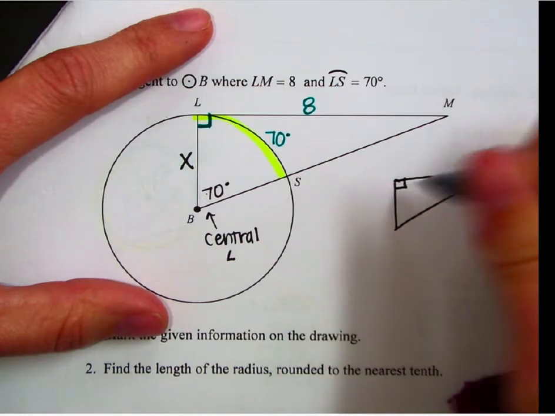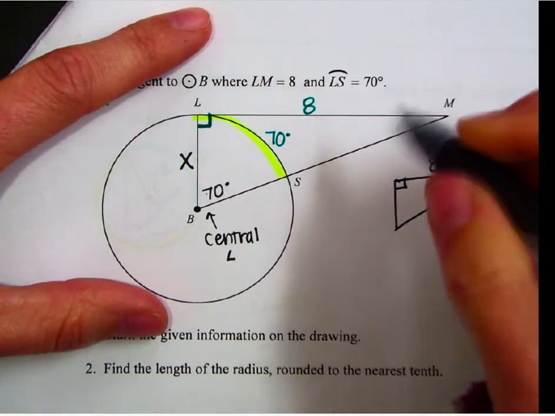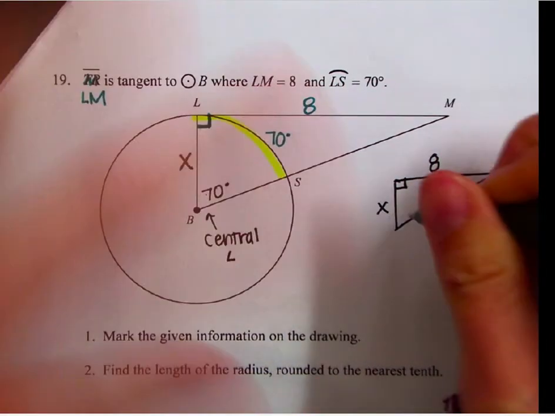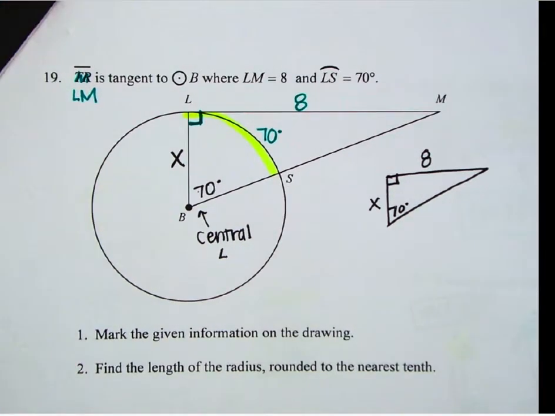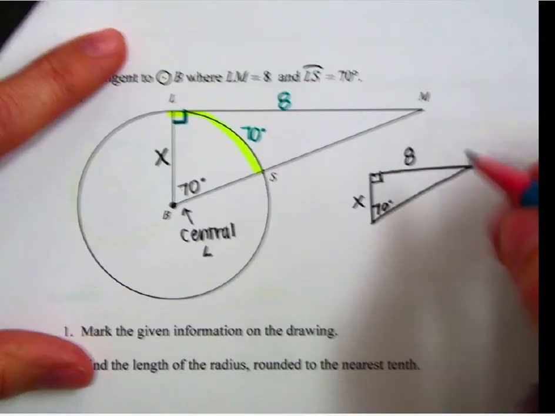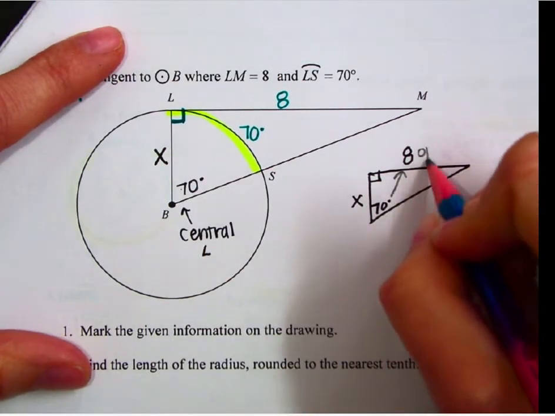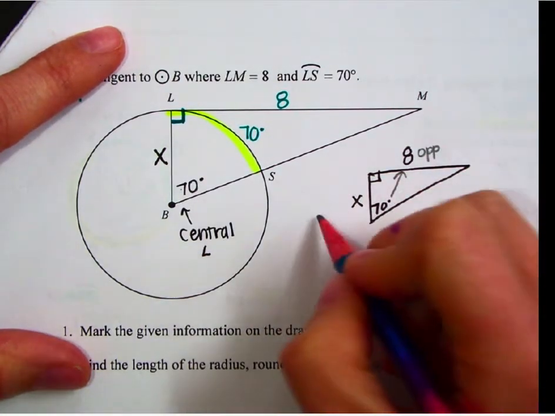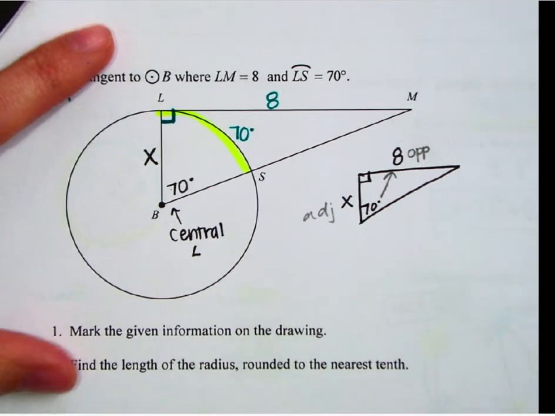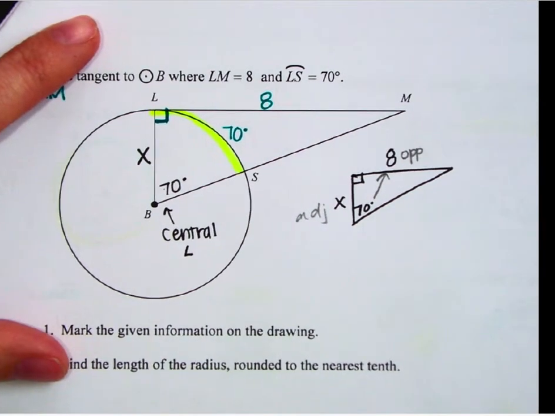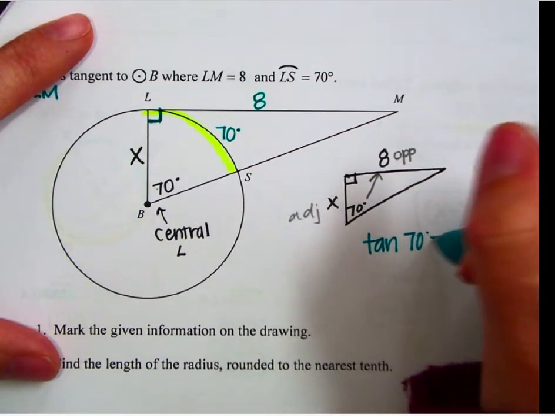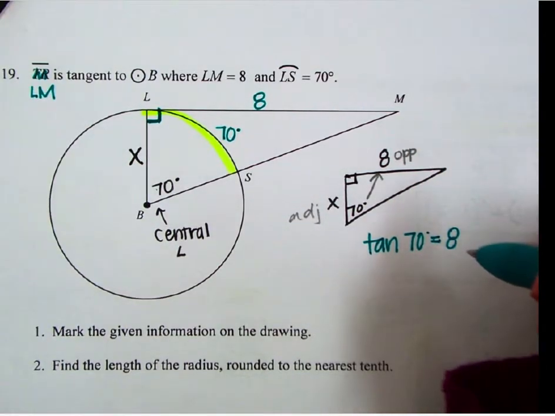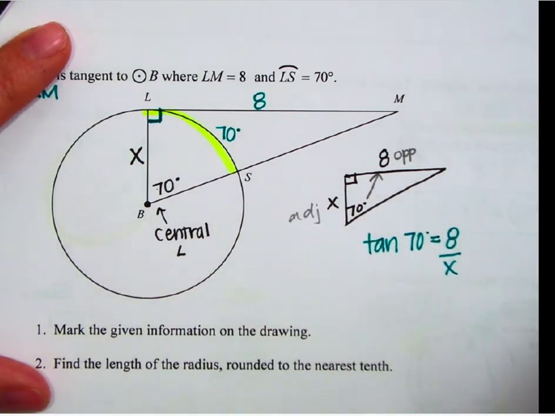So we know this is 90, this was 8, this was x, and this was 70. So I'm going to label the sides with respect to 70. We know 8 is opposite and x is adjacent, so I know to use my tangent formula. So it's going to be tangent 70 degrees is equal to opposite over adjacent.